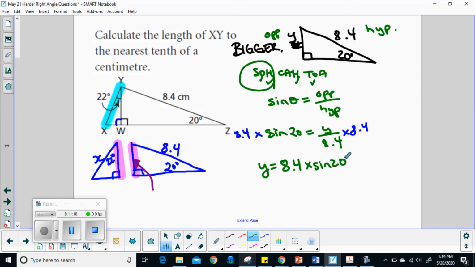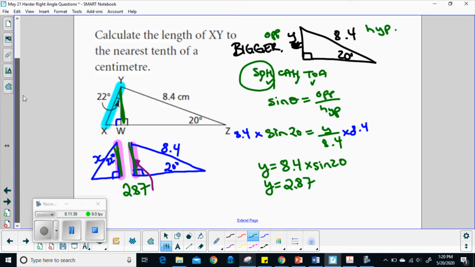So let's figure that out. 8.4 times sine 20 is 2.87. So that means this length here, which is this length, which is this length, those are all 2.87.